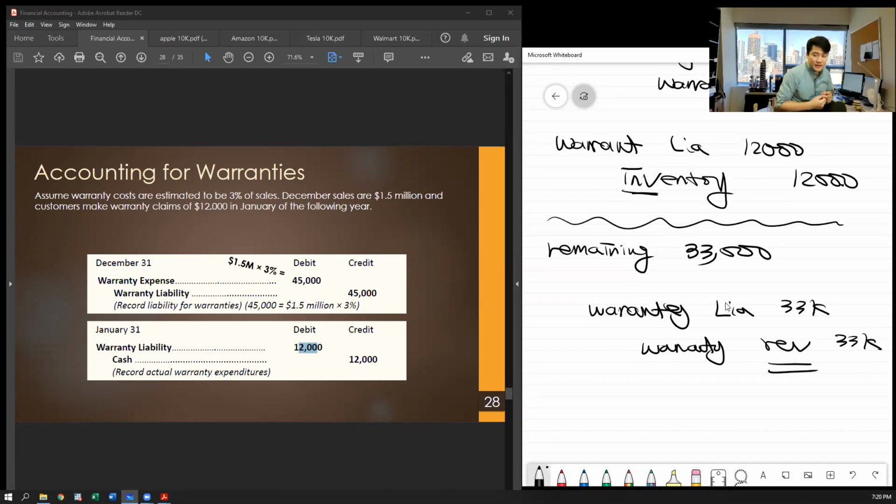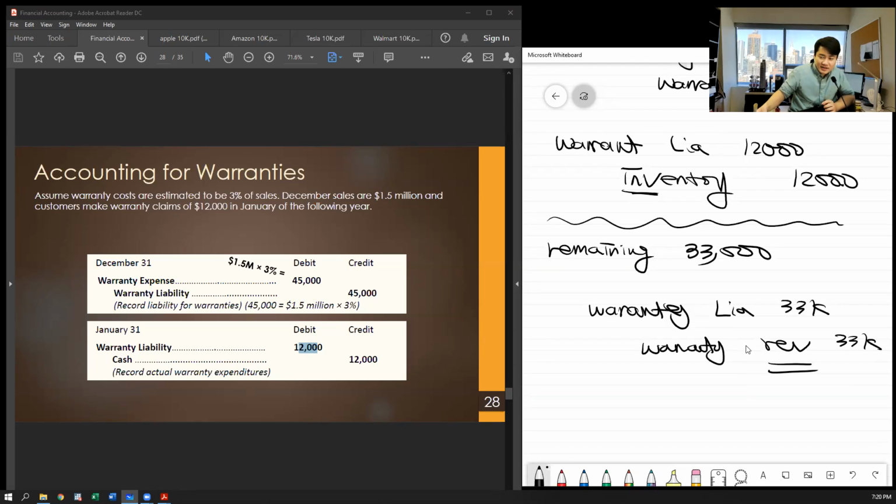Now, like what Michael asked in the first part of the lecture, why are we reporting a gain or a loss on the disposal of the assets? Similar question here. Why are we reporting a warranty revenue when the warranty expires?